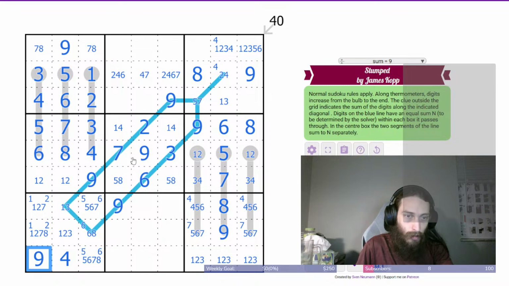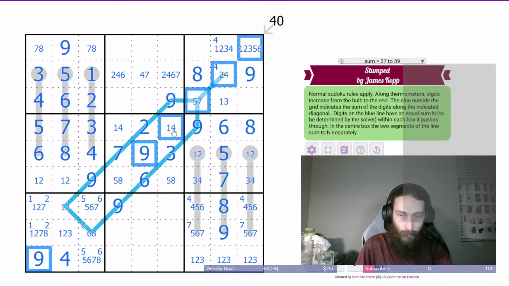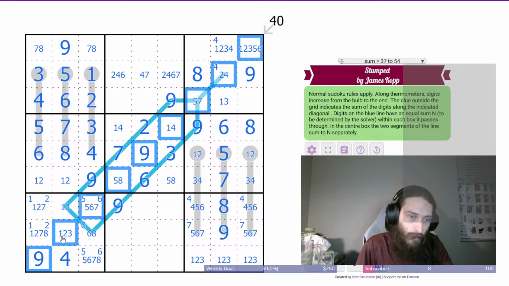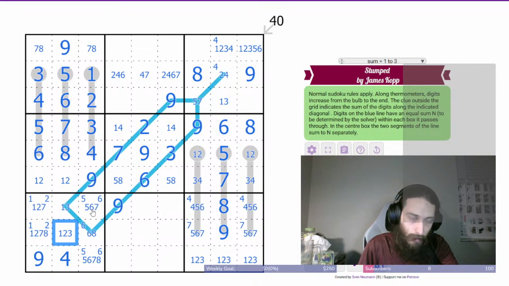And now we've got 9, and 9, and 9, which is 27. For some reason, I'm counting down. 27, 28, 29. 29 and 5 is 34, plus 5 and 6 should be exactly 40, so the rest is minimized.